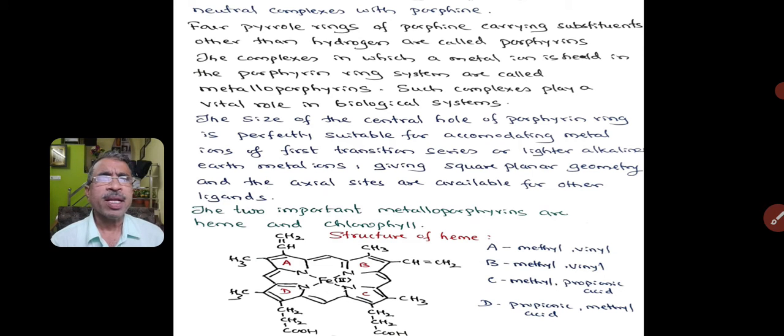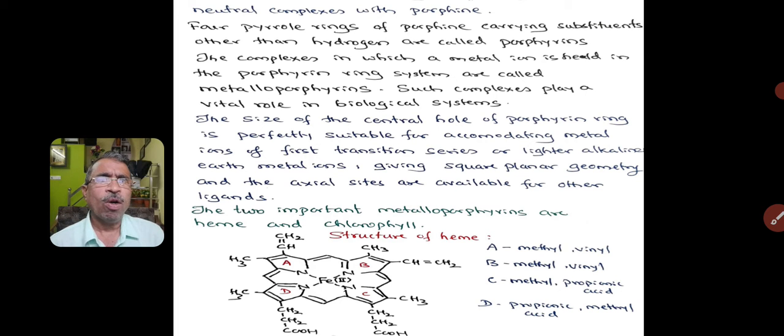Porphyrin rings carrying substituents other than hydrogen on the four pyrrole rings are called porphyrins, as I have earlier said. The complexes in which a metal ion is held in the porphyrin ring system are called metalloporphyrins. Such complexes play a vital role in biological systems.